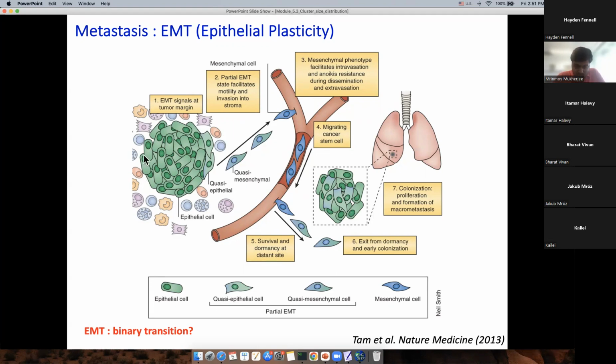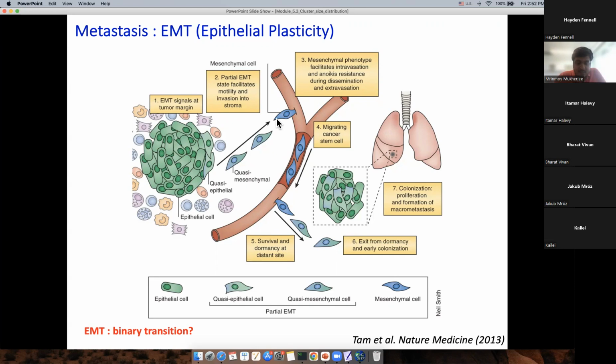This process starts from epithelial cells, which are tightly adhered and have almost no migratory property, and suddenly they become migratory and lose their adhesion. This process is generally called EMT, that means epithelial to mesenchymal transition.